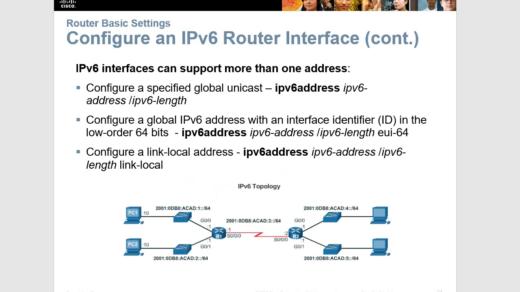In IPv6, to enable it on a router, you're going to use the command IPv6 unicast routing. I'm not sure why these commands are not spaced.